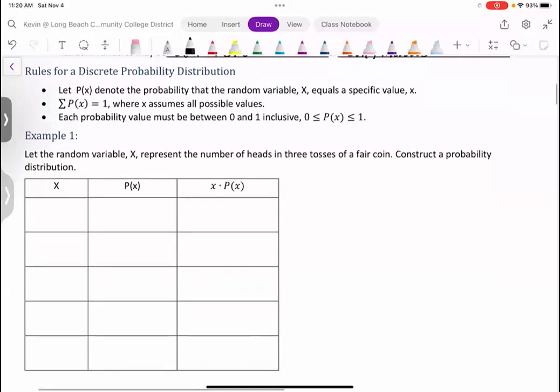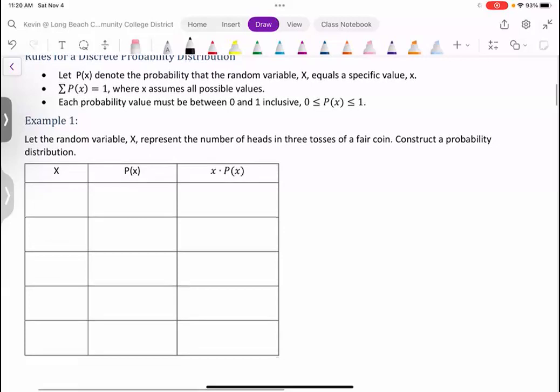Each probability value must be between 0 and 1 inclusive, meaning we are including 0 and 1. A probability of 0 means it is impossible for an event to happen, and a probability of 1, or 100%, means it's a 100% guarantee. There's no chance of it not being that.